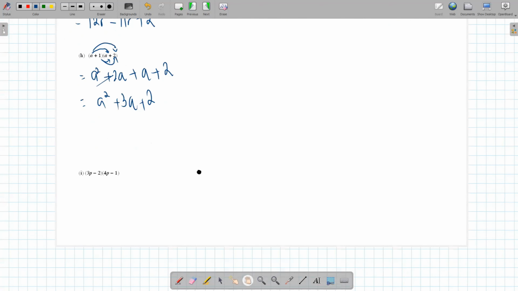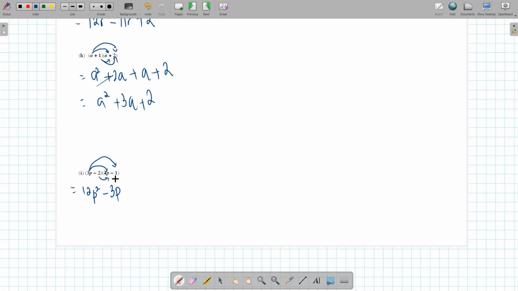Then we try another one. 3p minus 2 times 4p minus 1. We do expansions for the first term first. 3 times 4, we get 12. p times p, we get p squared. We repeat the same thing. 3p times negative 1, we get negative 3p.